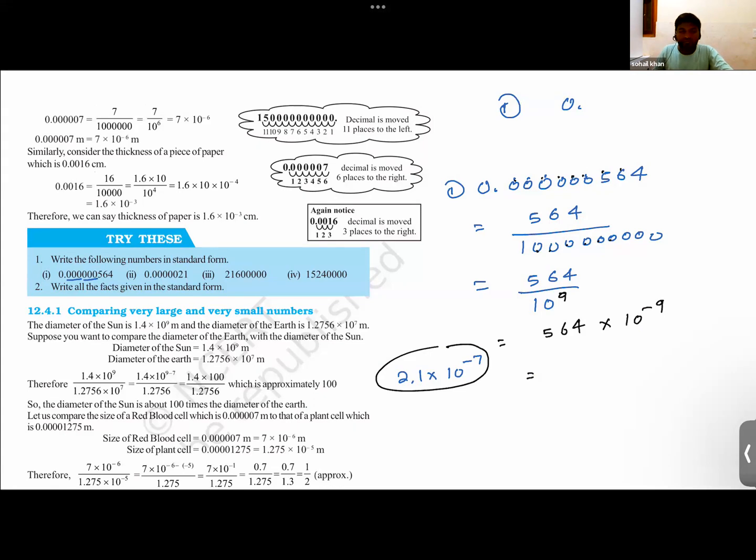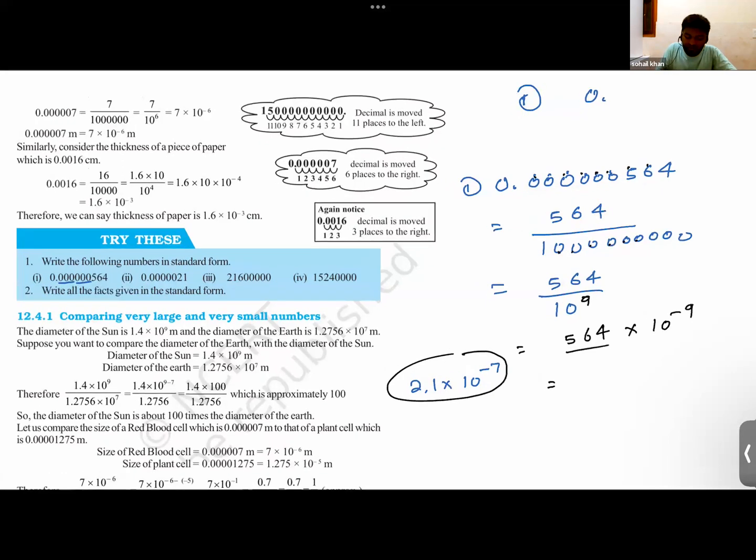Now we need to place a decimal here. Here you have a 3-digit number. Up till now we were dealing with 2-digit numbers, where you were required to place a decimal between the ones and unit digit. Now with a 3-digit number, ones, tens, 100, you have to place a decimal between the tens and 100 digit.